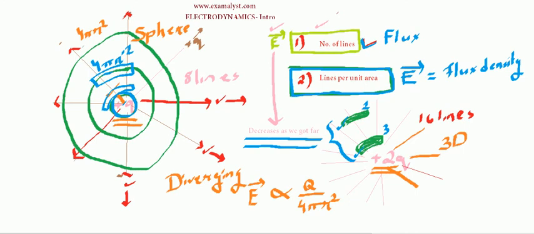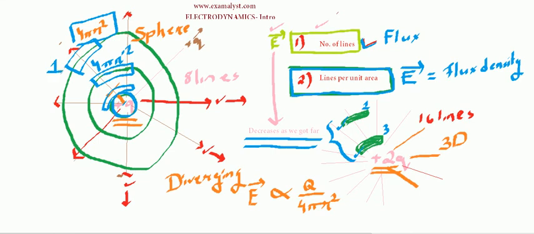If I go farther away to another bigger sphere whose area is 4 pi r square, and draw a unit area, I find that the number of lines passing through this unit area is 1.